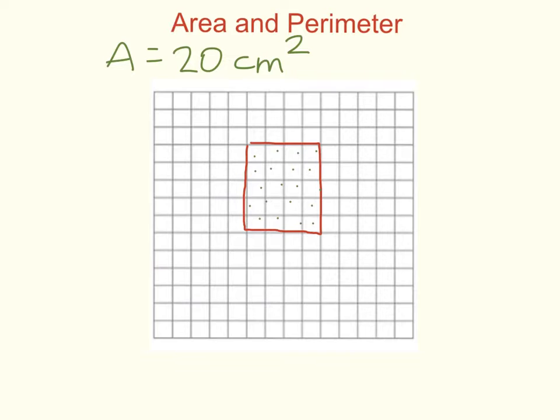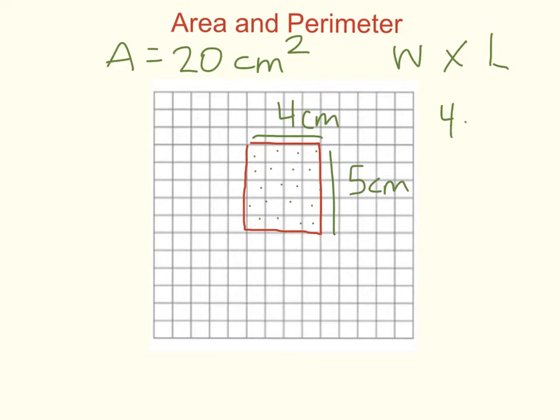Another way to find that's even faster is, how long is this shape? Well, if I look here along the top, it's 4 centimeters long. And how wide is it? Along here, it's 5 centimeters long. And I can find the area by multiplying the width times the length.